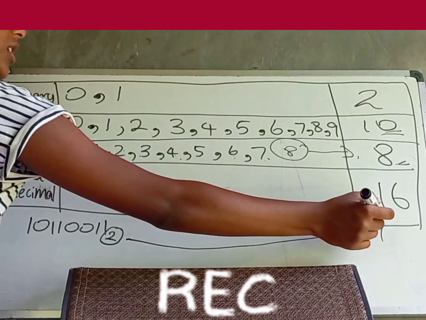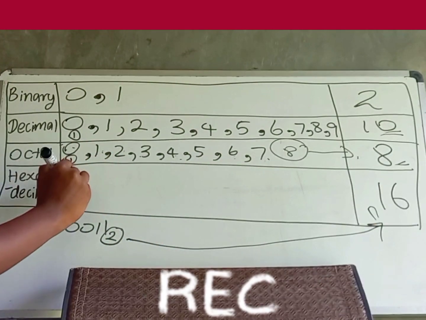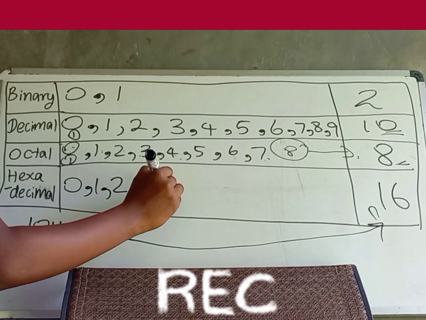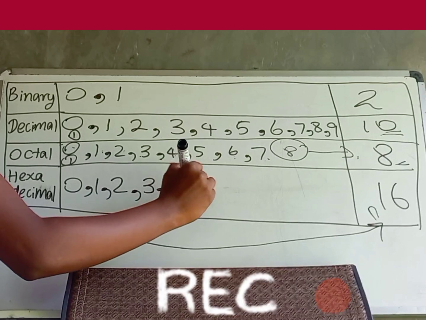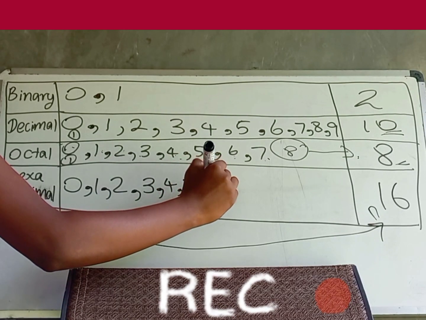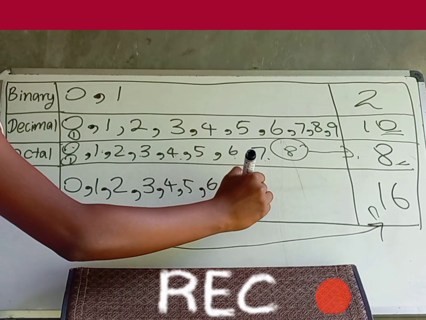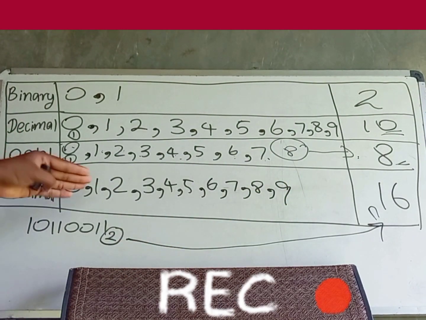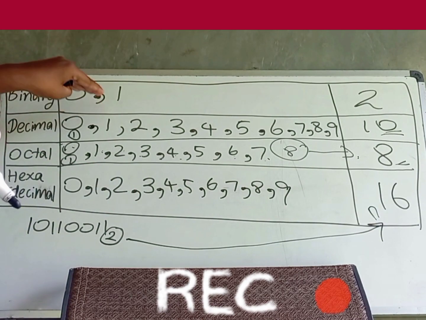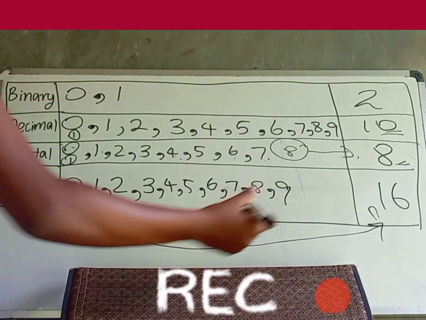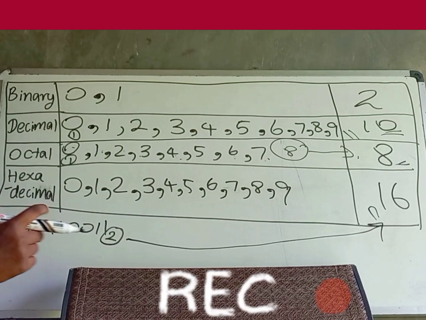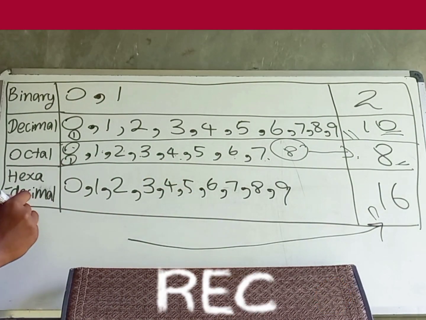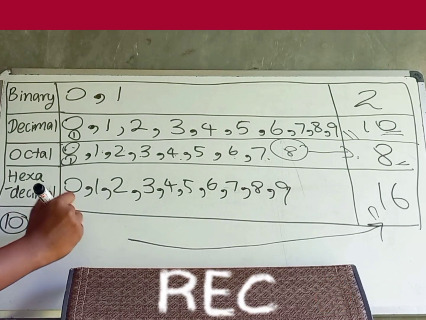So let us do this hexadecimal. 0, 1, 2, 3, 4, 5, 6, 7, 8, 9. As we discussed, this is the decimal number system. Like we talked, we can't use numbers of 2 digits.